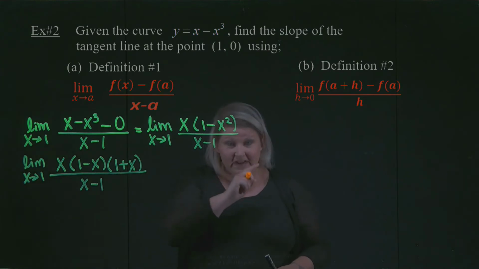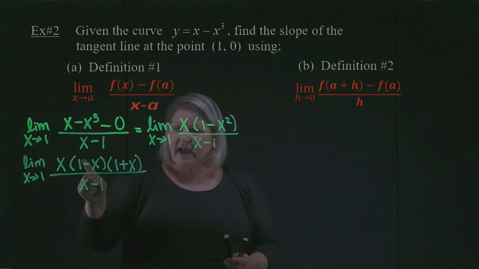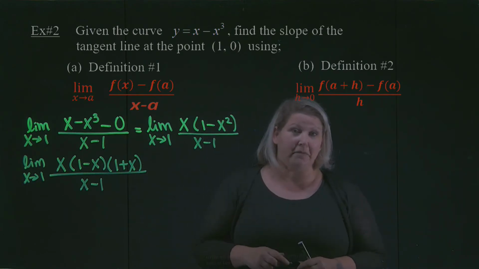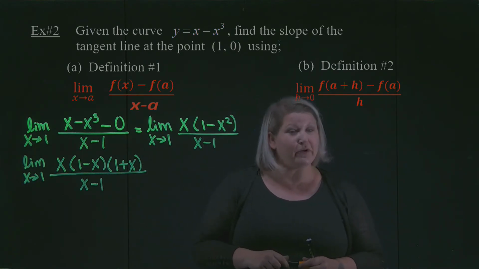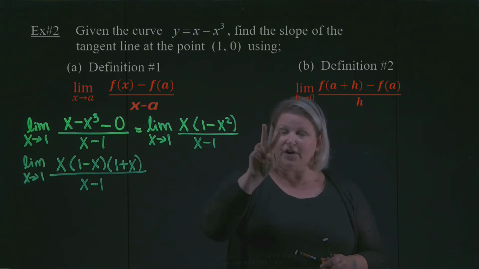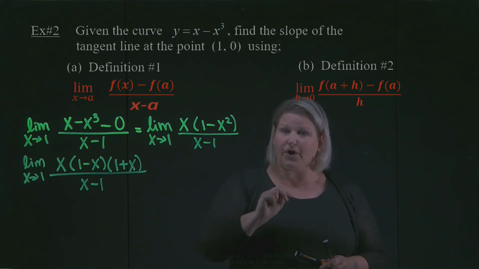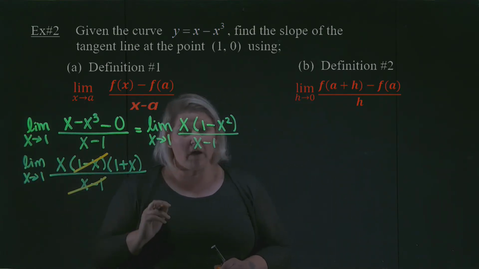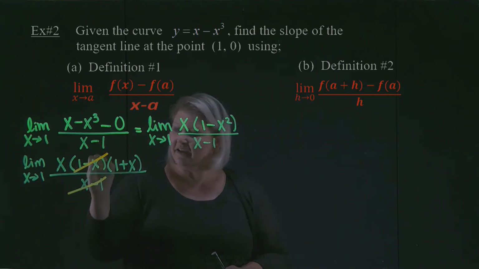Now, be mindful. I've got 1 minus x and x minus 1. Those do cancel, but I don't know if you remember this from a previous lecture. When they're subtracting each other and they're in opposite order, they will cancel each other, but they leave behind a what? Yeah, a -1.